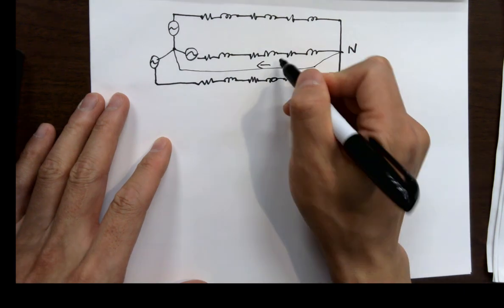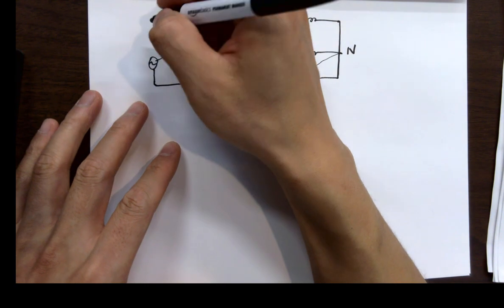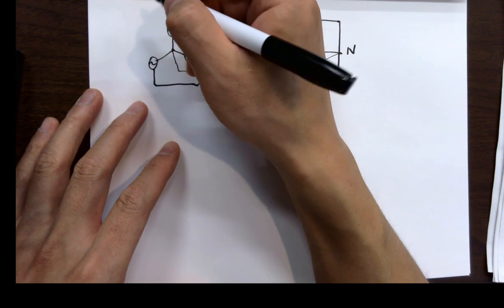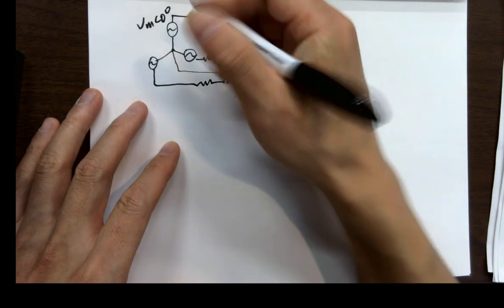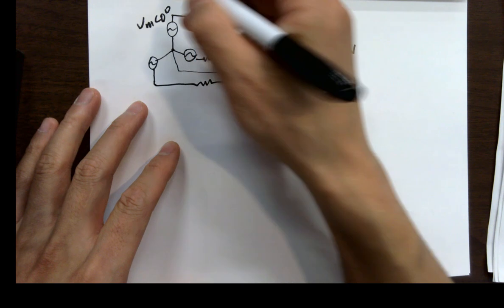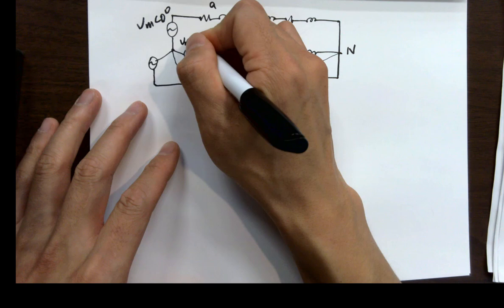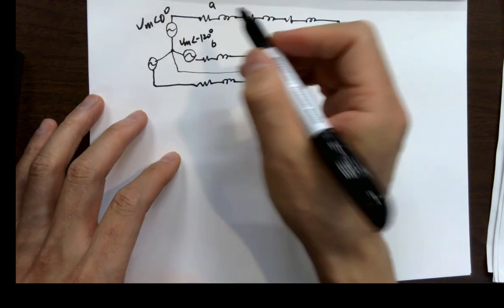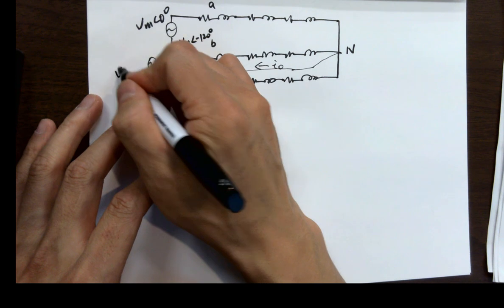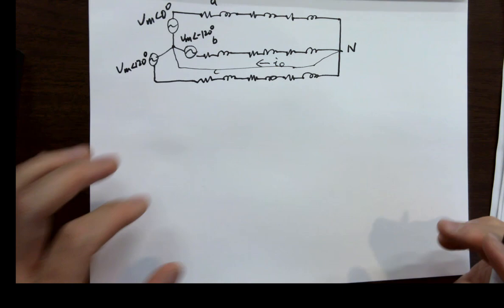It's asking for the current over here. So it's providing a voltage from the A phase, which is VM, 0 degrees. That's A phase. And B phase is VM, negative 120 degrees. And the C phase is VM, 120 degrees, like this.